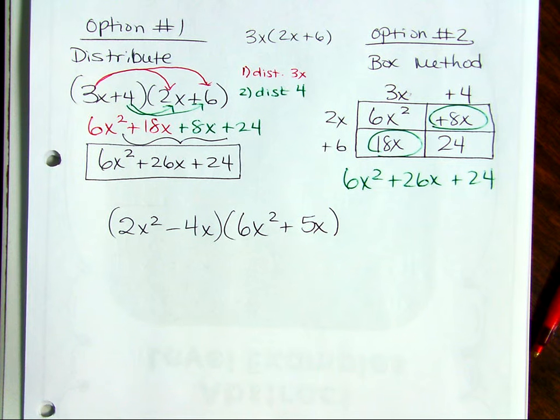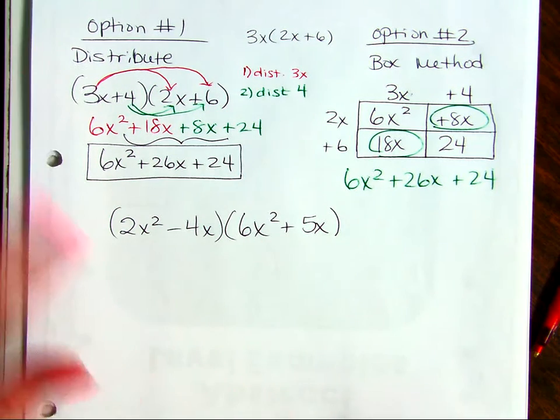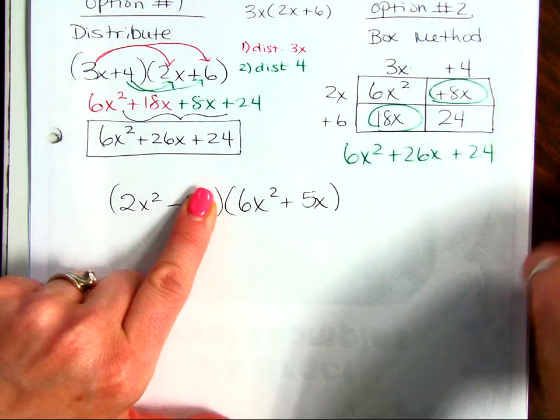So which way do you think is the old school way? And which way do you think is the new? I think the new way is the box. Yes. So it feels more natural for me to just do a double distribute. So I'm going to distribute this first.